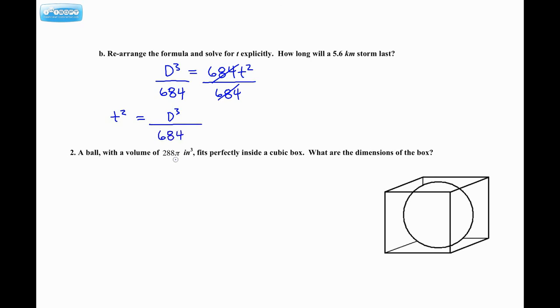So I'm close. But I want t. So how do you undo the square? Well, you just take the square root. So I'm not going to write equals, I'm just going to put an arrow. Okay. So therefore, t is the square root of everything. So make sure you make it big enough to hold everything, not just the top.